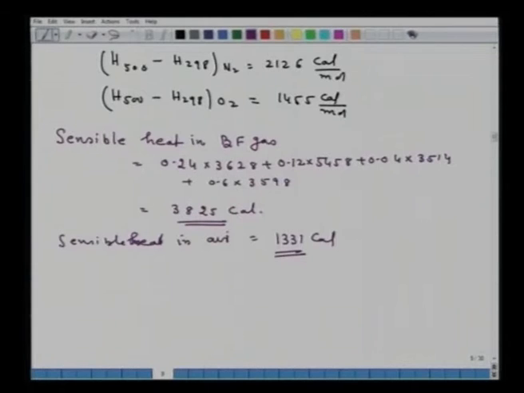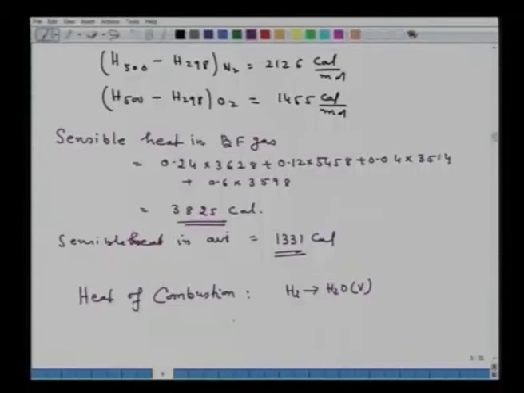Now I have to calculate the heat of combustion. In this blast furnace gas, the combustible components are CO and H2, and I am considering that H2 goes to H2O in vapor state. Accordingly, I select the heat of formation of H2O and the heat of formation from CO to CO2.